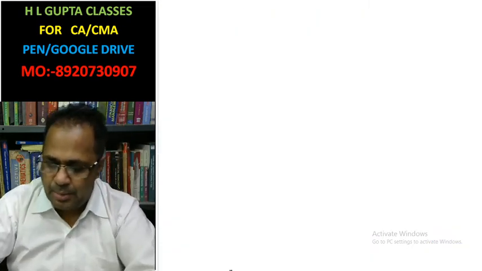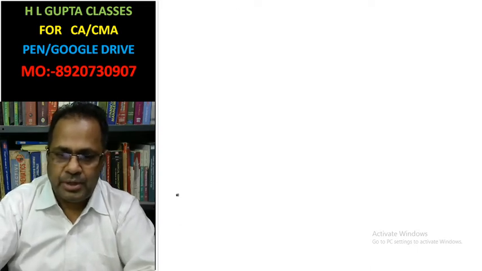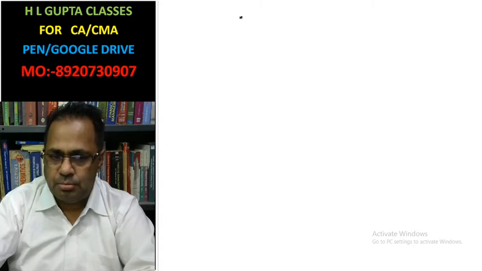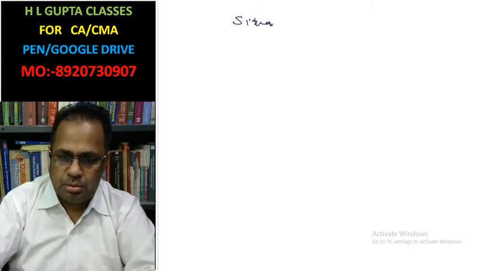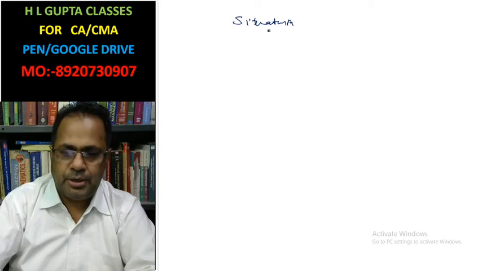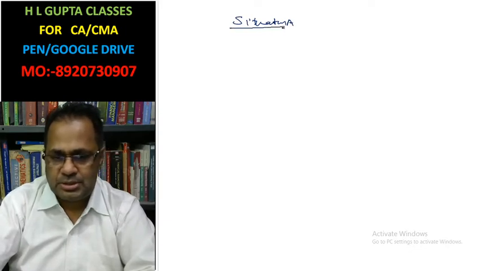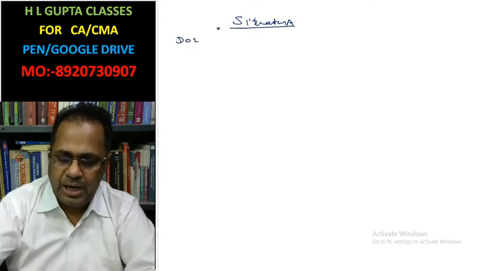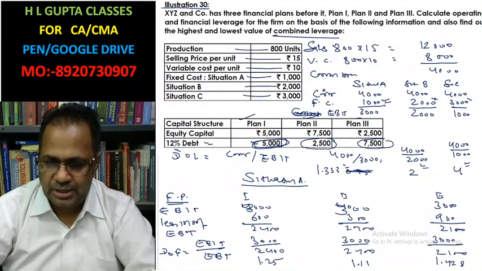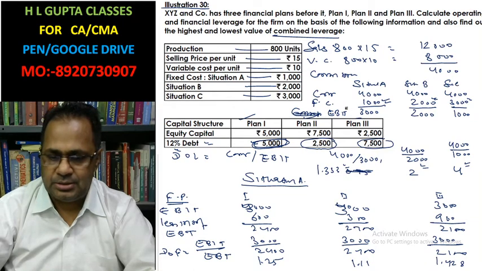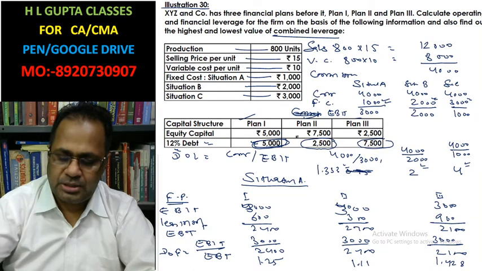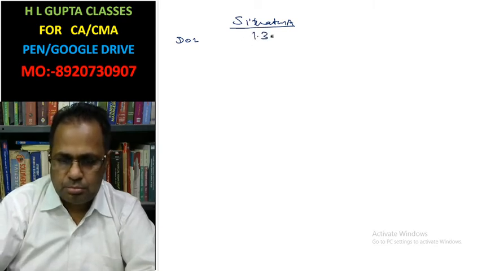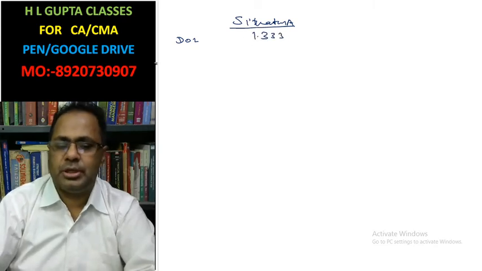Now look at how the combined leverage is calculated. Here I am going to calculate situation A. In situation A, the degree of operating leverage we have already calculated is 1.33.